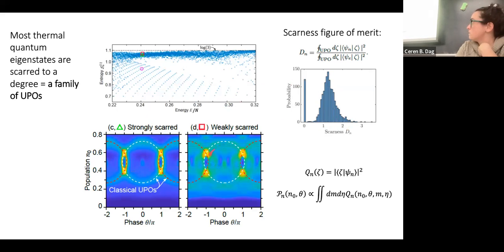There could be states like this, at the same energy, but it's this square state here, and it's weakly scarred because its Dn is around 1.2 or something like that. We expect the one here to represent the most random that we could have. So anything bigger than 1 tells us that there is lots of scarring going on.